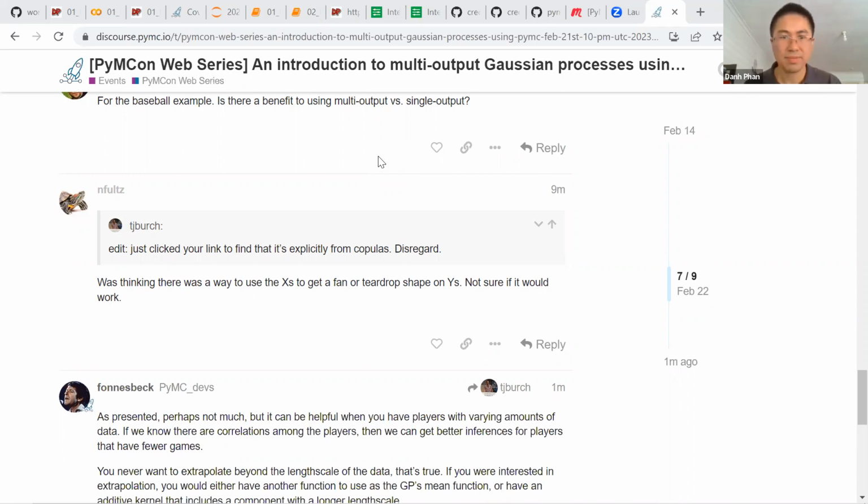Okay, great. Yes, my suggestion is it's worth a try. Because the dataset has spatial-temporal characteristics, it is what the Gaussian process and multi-output Gaussian process are actually built for.